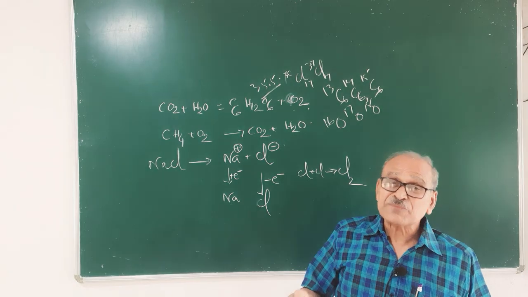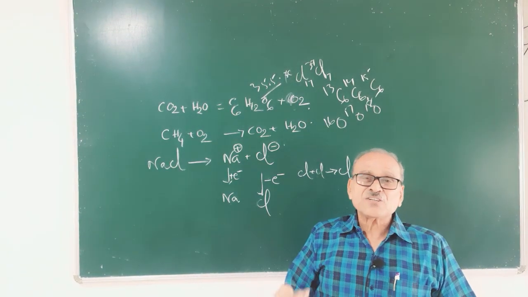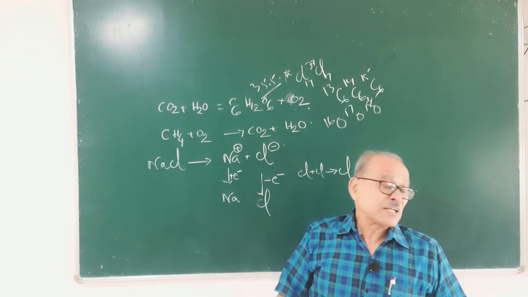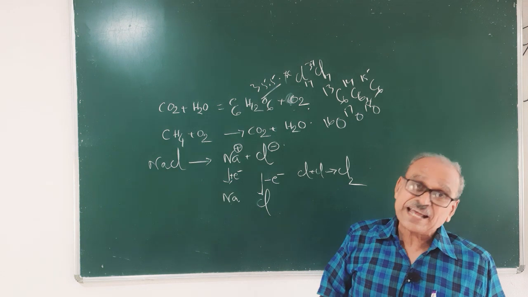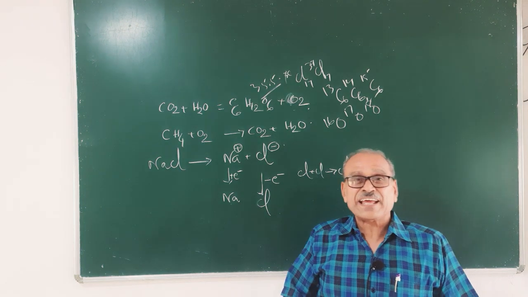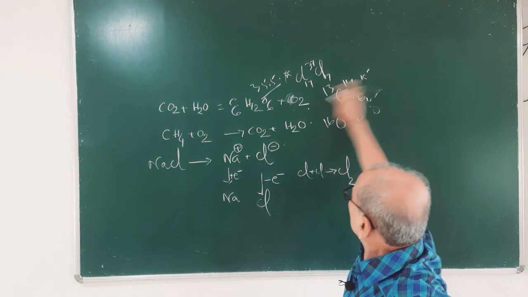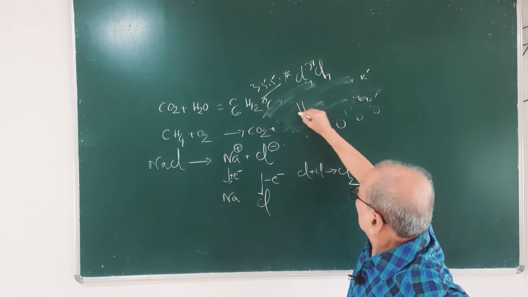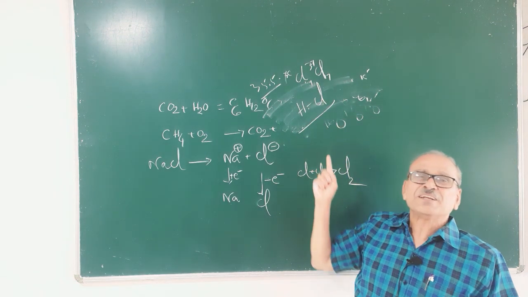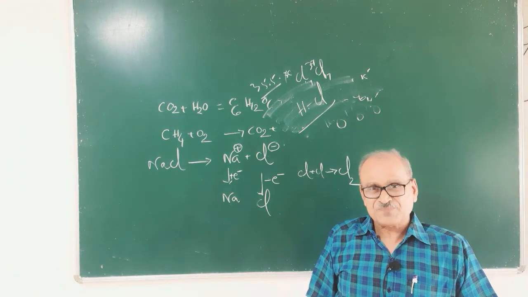The atoms could be of the same element. Say hydrogen diatomic H2, oxygen diatomic O2, chlorine diatomic Cl2. We call them homogeneous diatomic molecules. If you take a molecule like HCl, it is a diatomic molecule, but I call it a heterogeneous diatomic molecule.